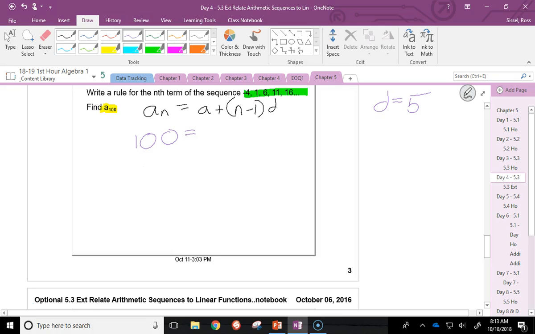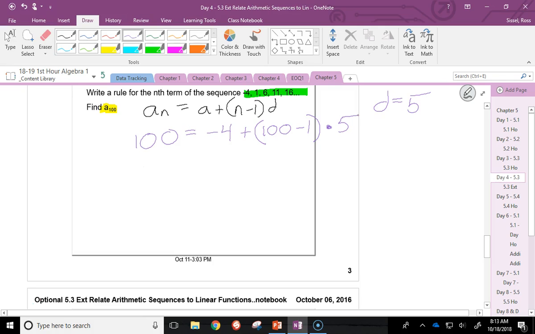A was our first term, -4, plus, in parentheses, N. We're asked to find the 100th term, so N is 100. We're going to subtract 1, and then multiply it by our rate of change, which was 5. That's the hardest thing you had to do. The rest of it is going to be PEMDAS.